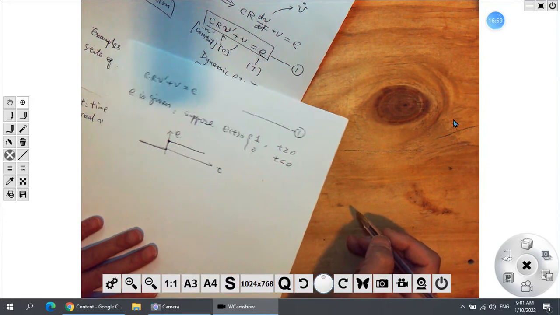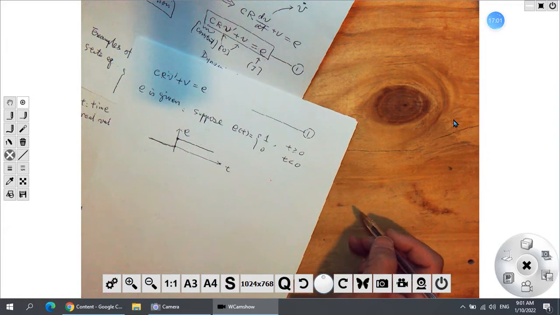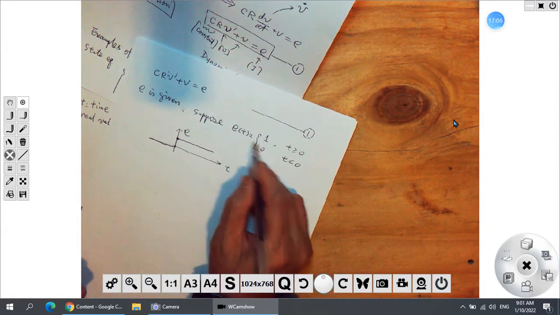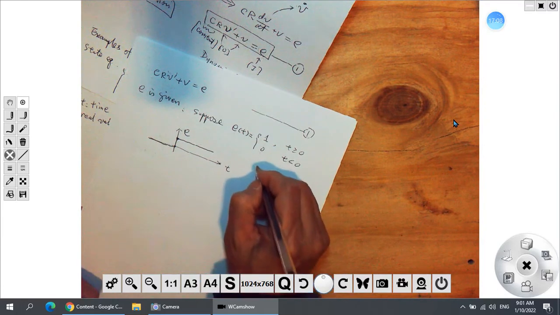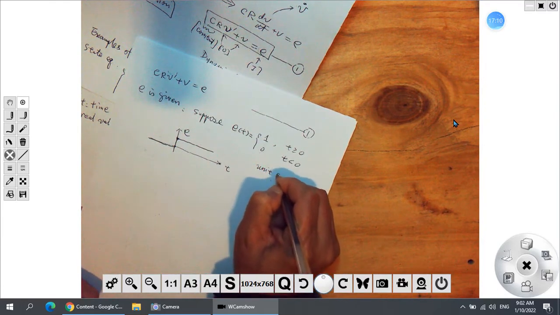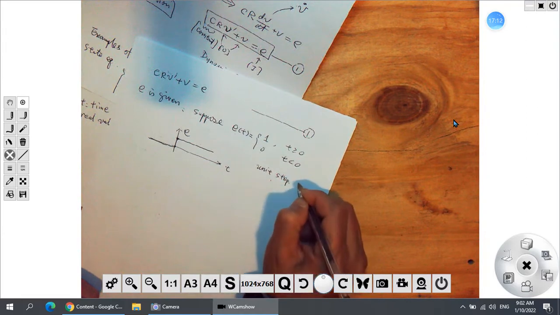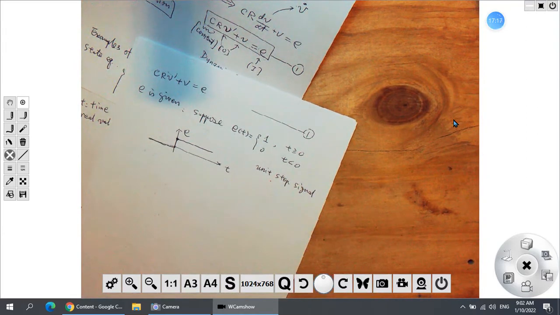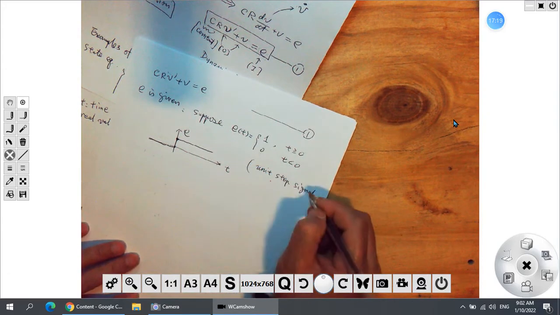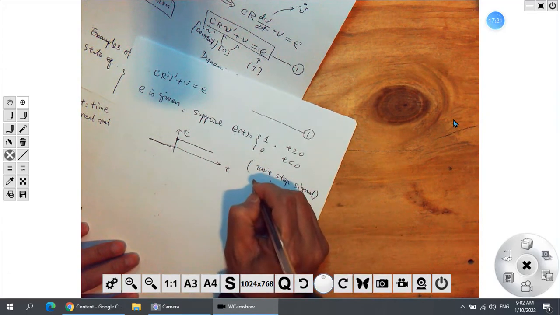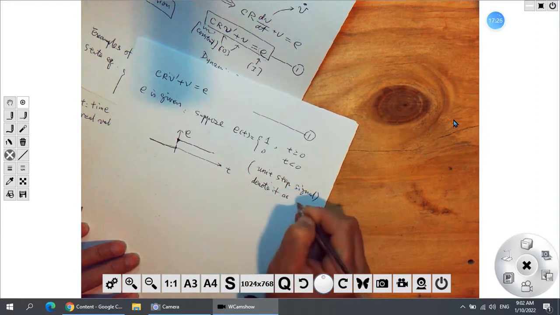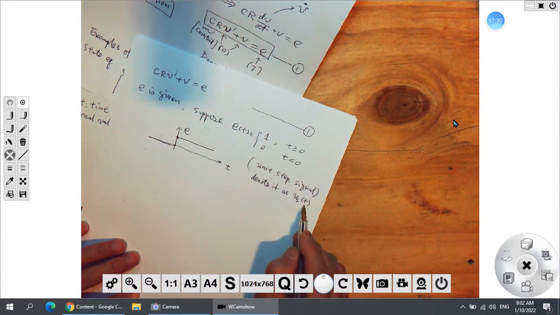Now you can think of this as a kind of switch. You turn the switch on, and you have this E of t. We call this a unit step function signal, and we denote it as US of t, unit step function.